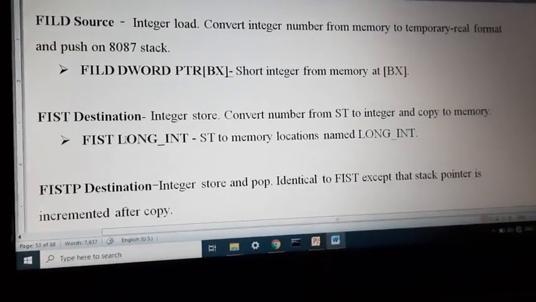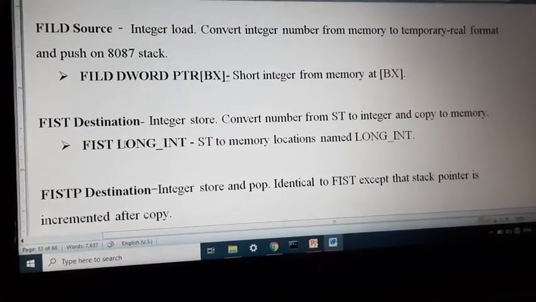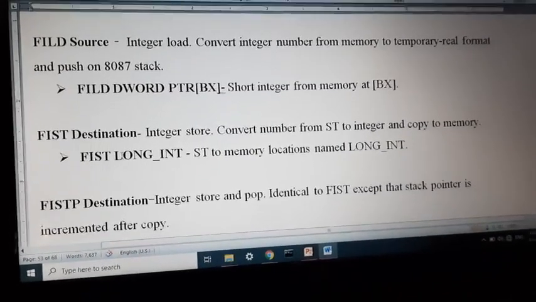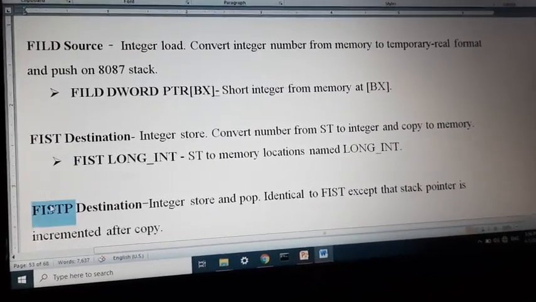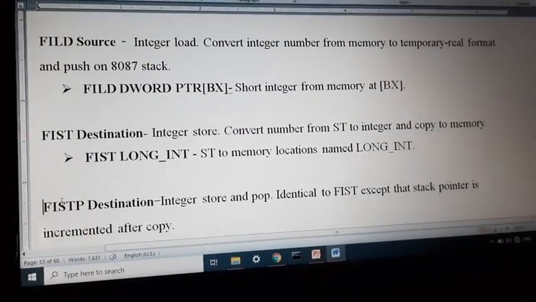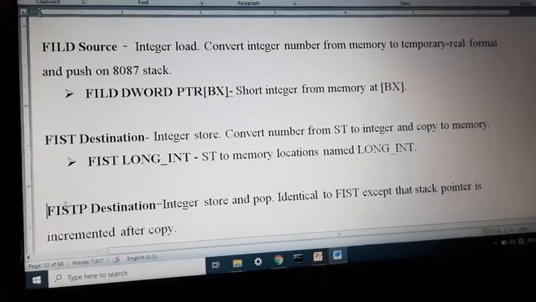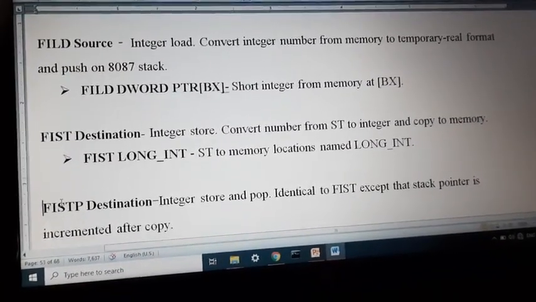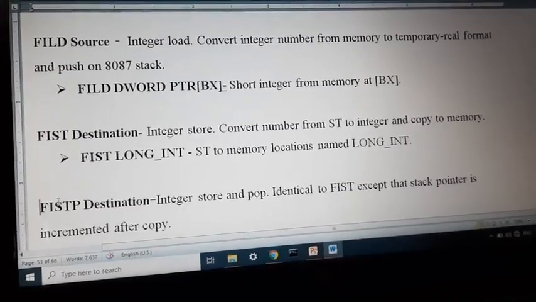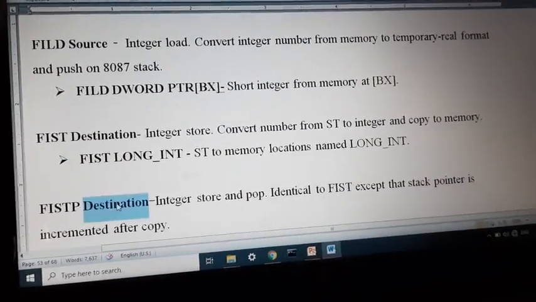It means that first we have to perform the simple FIST operation. FIST operation will be, that is we have to pop the stack element and then convert it into the integer, store it into the given destination.